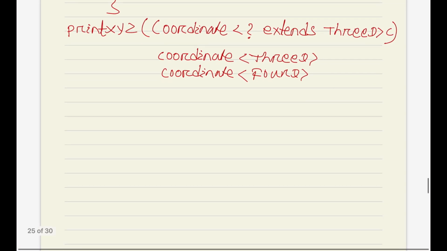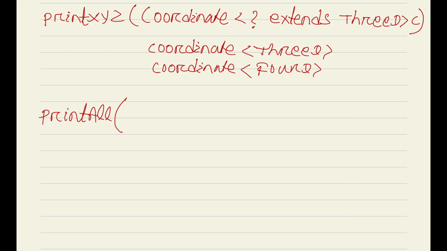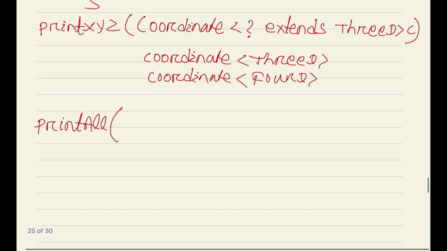Now consider another method, printAll. Here we want to print all the components, that means x, y, z and t. It is not going to work for all types of objects, it is going to work only for objects of type 4D.